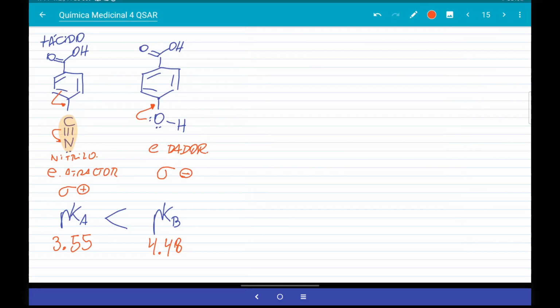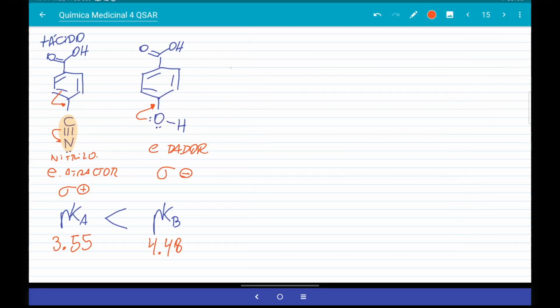Then for that we need the pKa of the pure benzoic acid. According to literature, the pure benzoic acid has a value of 4.2, already perfect, more than sufficient. Then I'll reference the pKa.